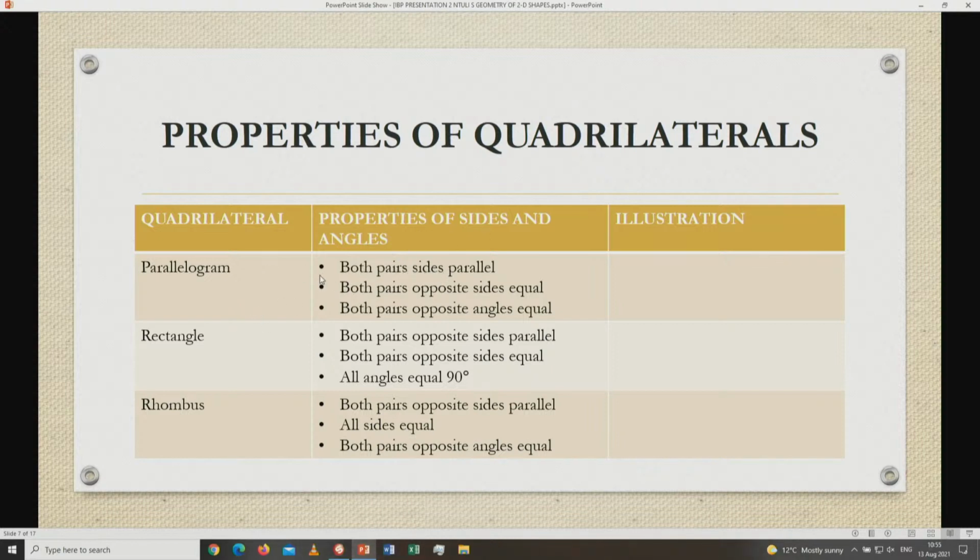A parallelogram, what we must know: both pairs of opposite sides parallel. Both pairs of opposite sides equal. Both pairs of opposite angles equal. These are the properties of a parallelogram.